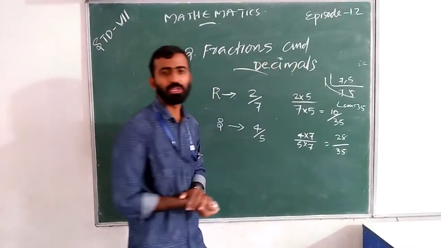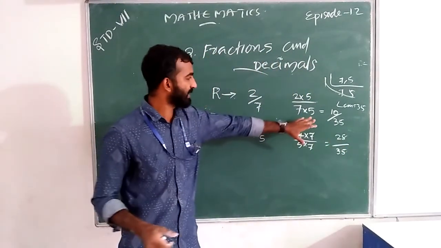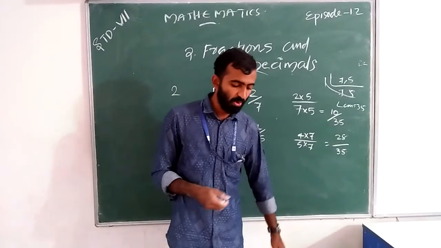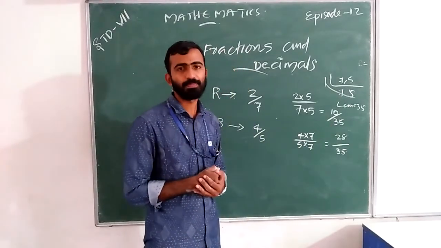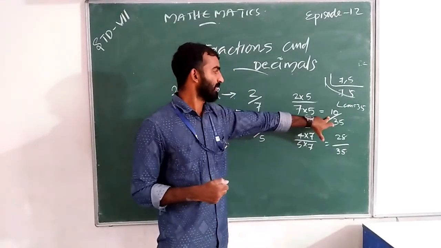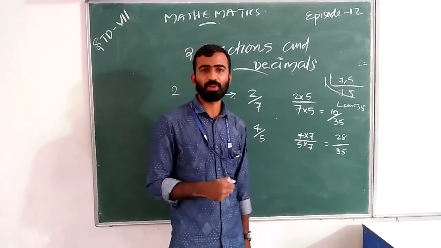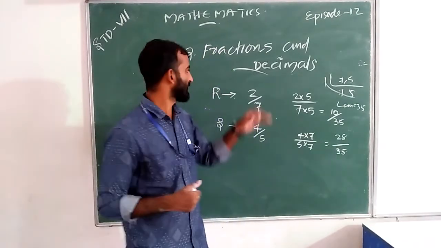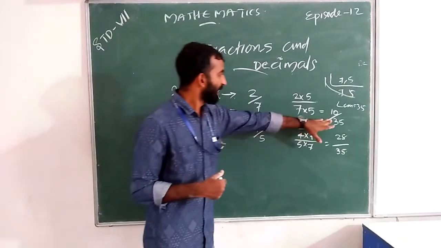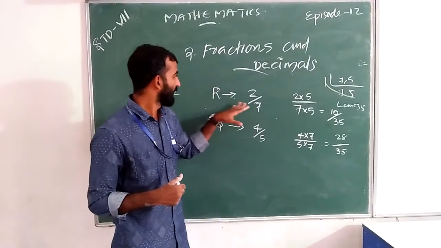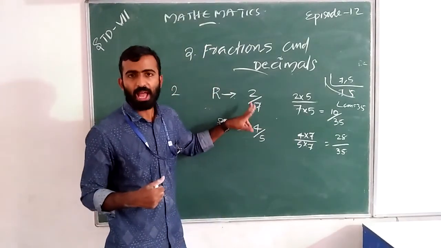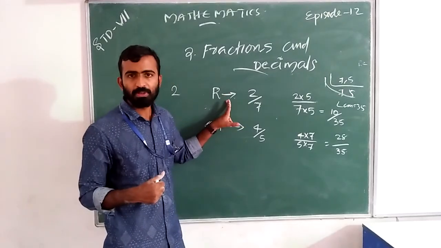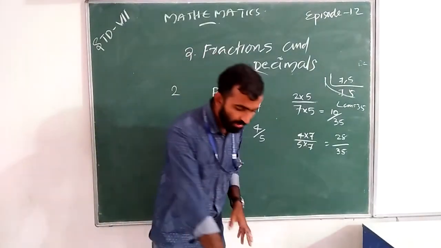Which one is lesser? Here the denominator is the same. So which one is lesser? Lesser is 10 by 35. Which person solved lesser? The answer is Ramesh. 10 by 35 is equal to 2 by 7, and 2 by 7 represents Ramesh.